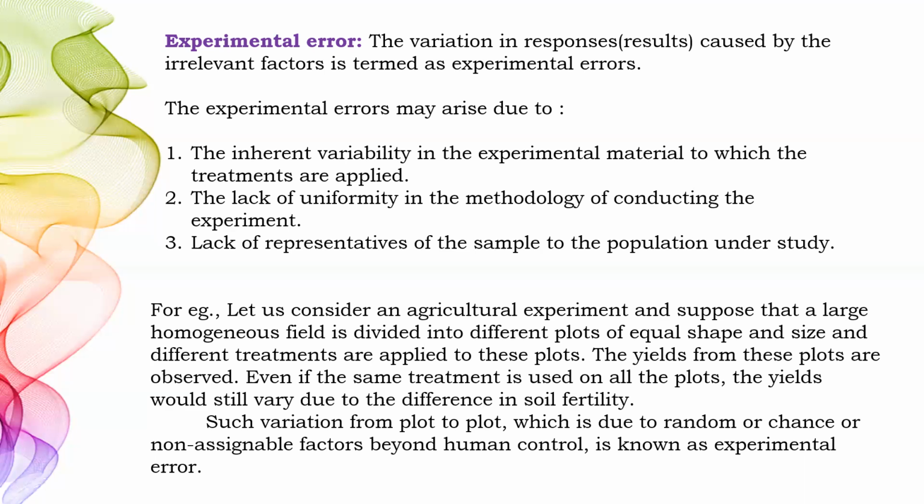Even if the same treatment is used on all the plots, the yields would still vary due to differences in the soil fertility. Such variation from plot to plot, which is due to random chance, beyond human control, is known as experimental error.